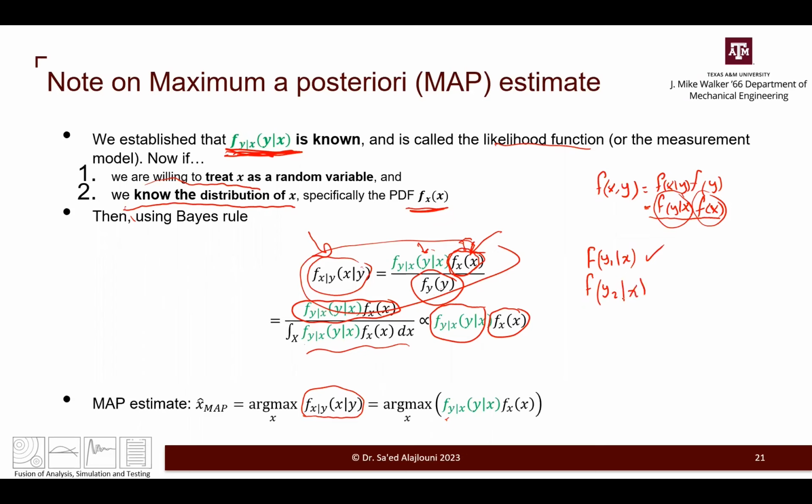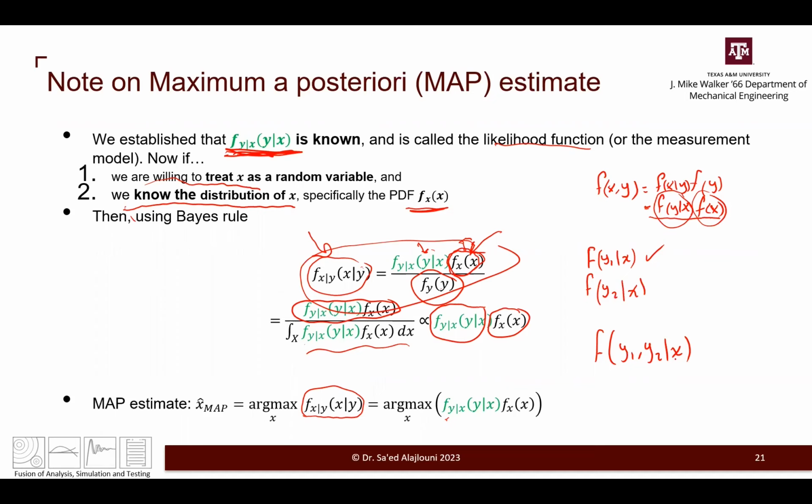Let's say we want to find the best estimate using the maximum likelihood framework. First we need to come up with the likelihood function and then maximize it. The likelihood function in this case is f of y1, y2 given x. You can think of it as a joint likelihood function between y1 and y2.